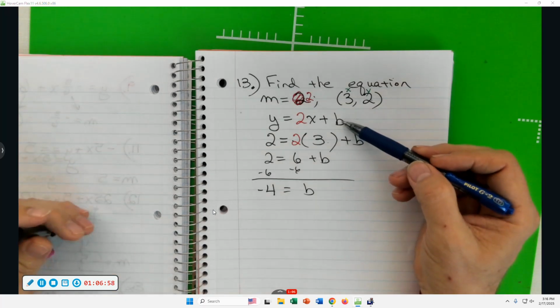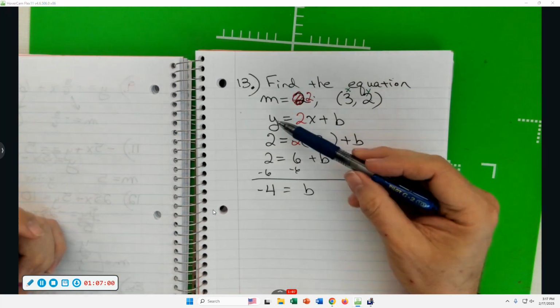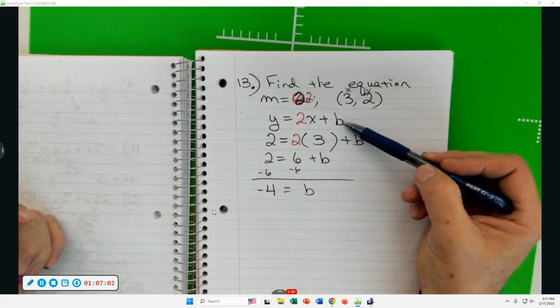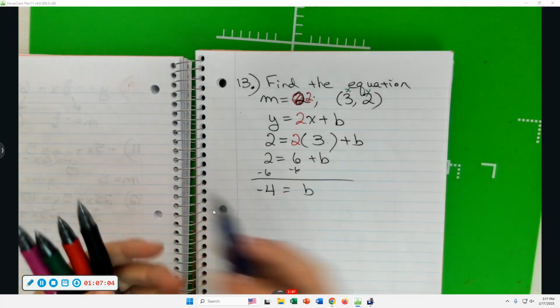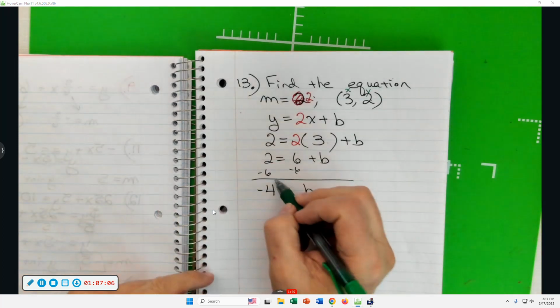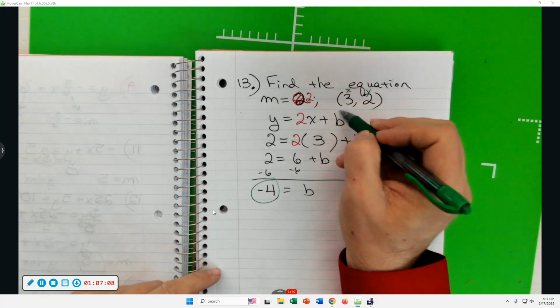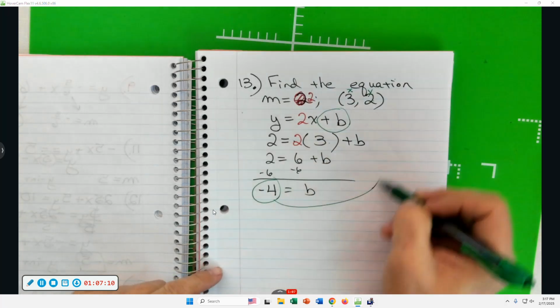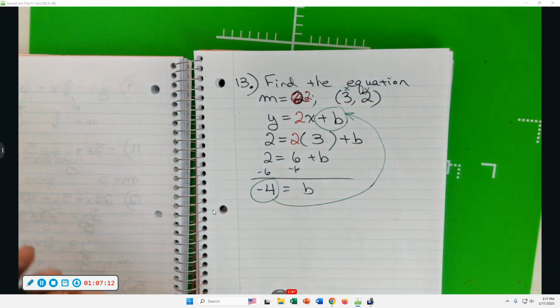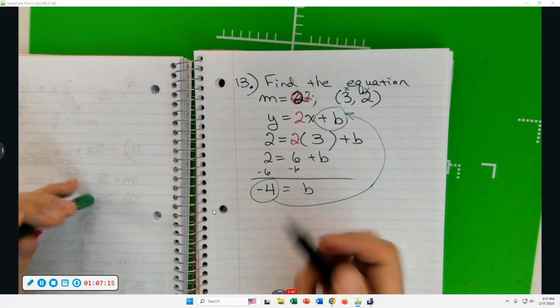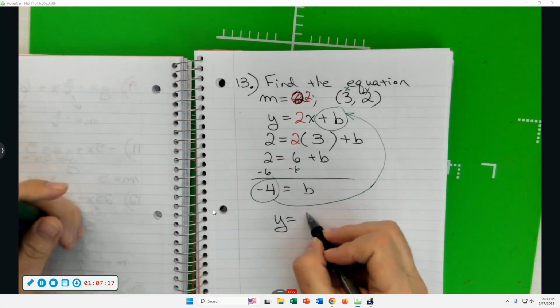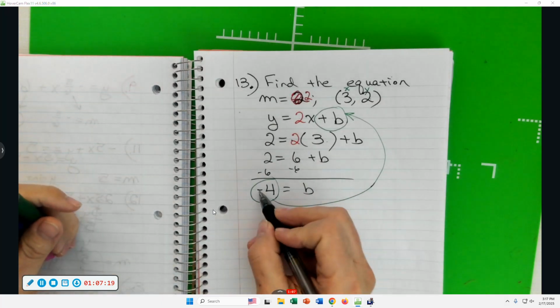So that b there, instead of y equals 2x plus b, we're going to replace that plus b with the -4. So the equation we're looking for is y equals 2x minus 4.